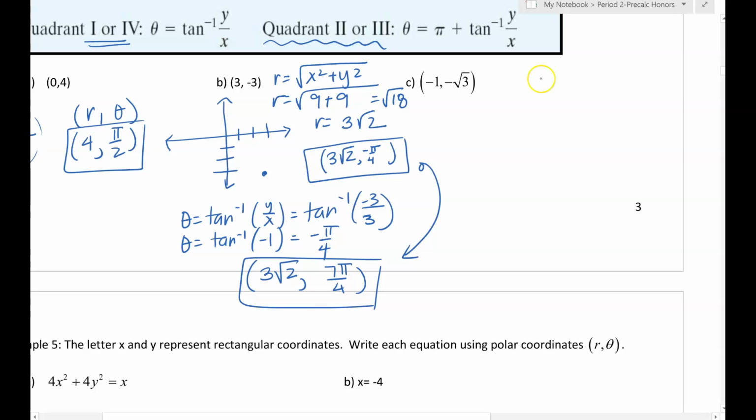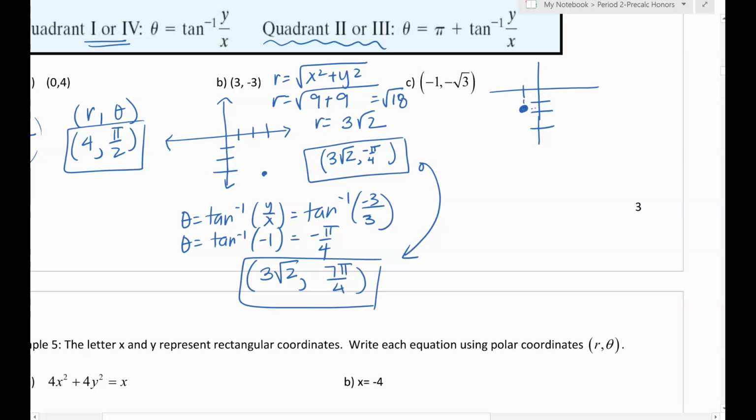All right, you're on C. Let's draw it out. It's a negative 1 for x and a negative square root of 3. Well, square root of 3 is going to be between 1 and 2, because square root of 1 is 1, square root of 4 is 2, and 3 is right in between 1 and 4. So somewhere here is where my dot is, right there in quad 3.